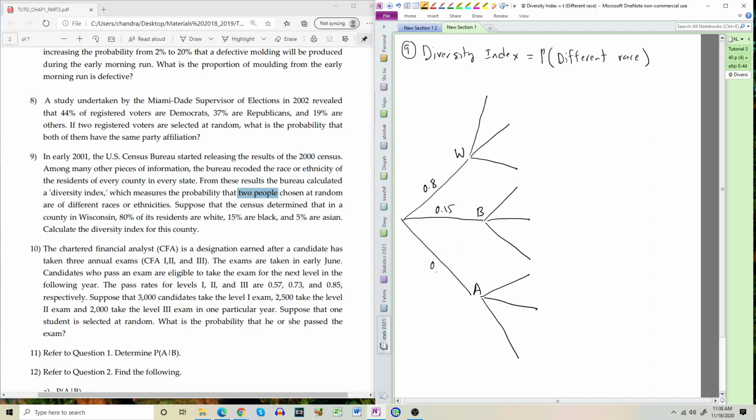This is 0.05. The probability for you to choose a second person for white, 0.8. Zero point 1.5, 0.05. It is white, black, Asian.